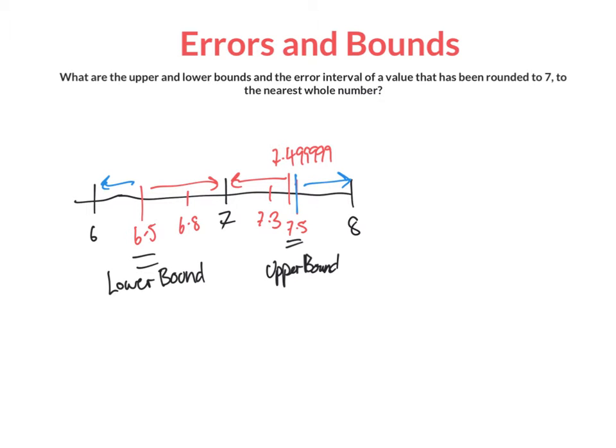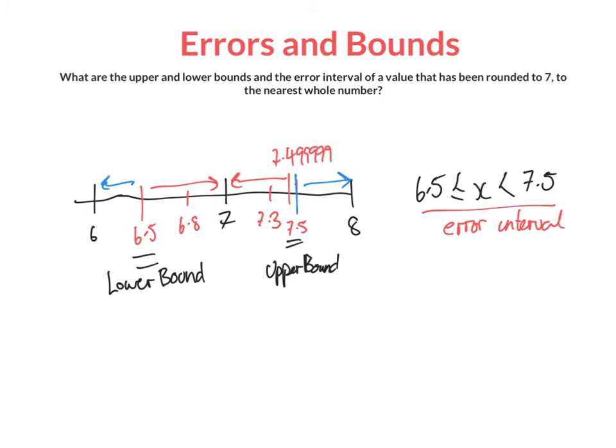We say our value x, or whatever it is we're measuring, can be equal to or greater than 6.5, but it's strictly less than 7.5. And this is then the error interval.